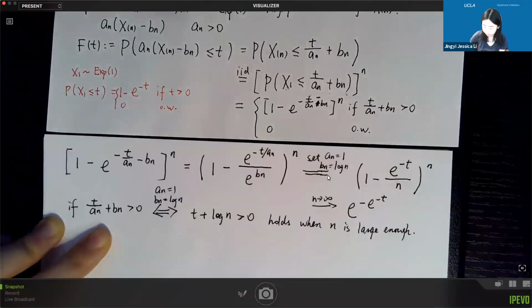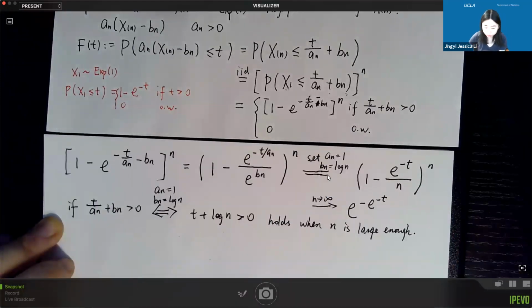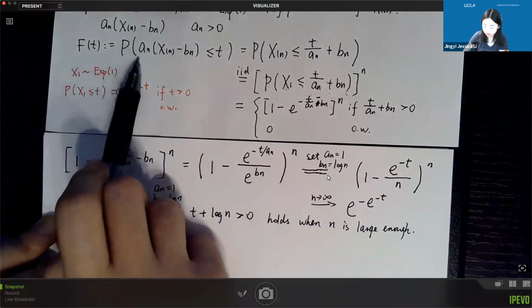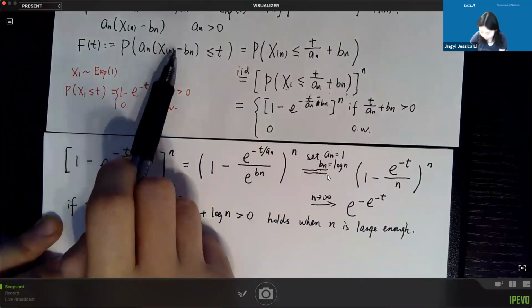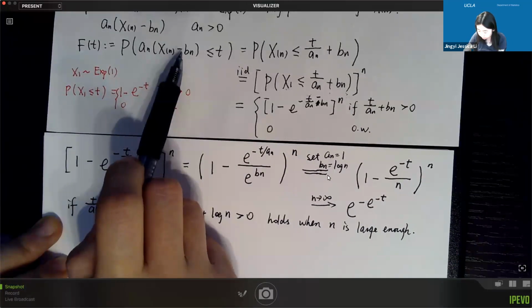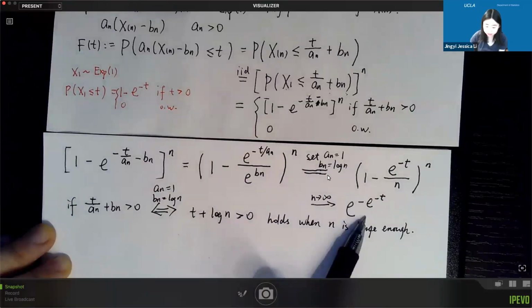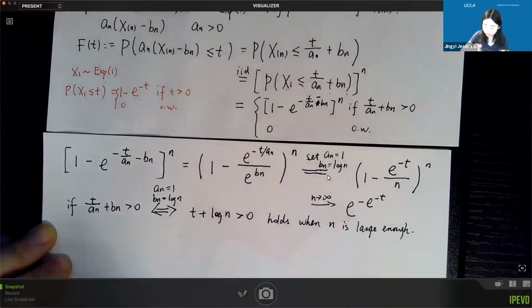So we're good. So then we have the limit for the CDF of an times xn minus bn. Then what's left is what this limit is. So we can give this a name.